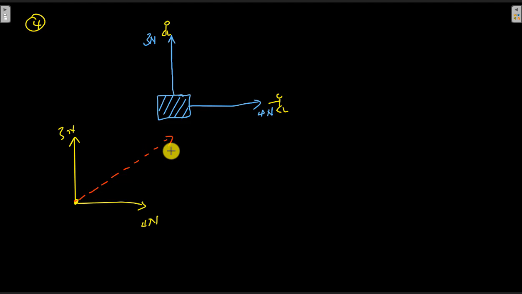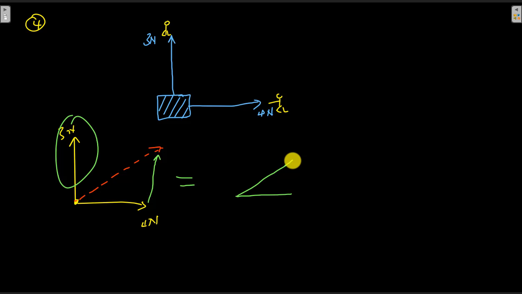Now, using simple laws of trigonometry, I can translate this force. So the 3 Newton force, I could just translate that force and bring it here just to complete this force diagram and make it easier to add the forces. So this is now the same as this little triangle here, where we have forces F, then we have 3 newtons, then we have 4 newtons.